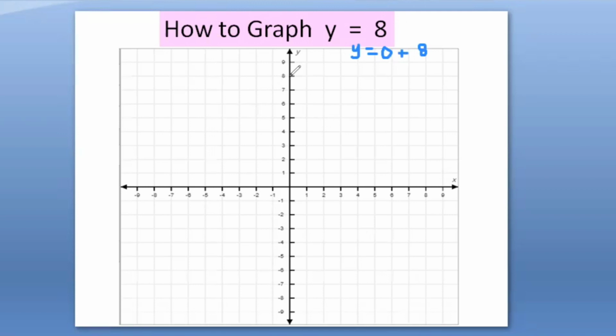This line is parallel to the x-axis, and it tells us our y coordinate is always the same, while our x coordinate can vary. We can take any x coordinate.